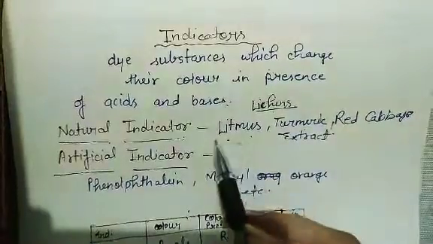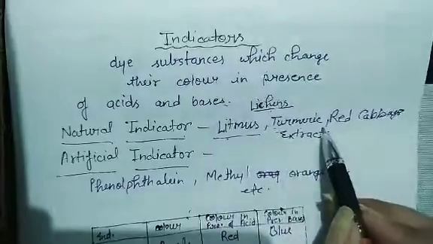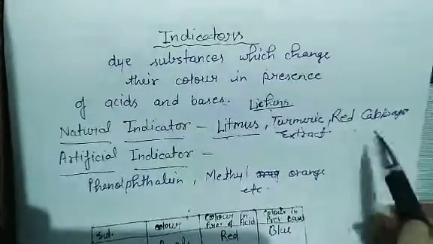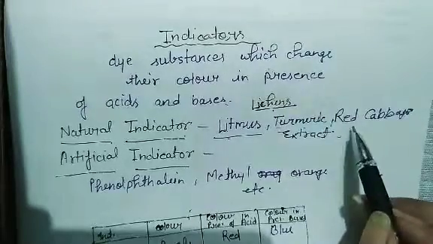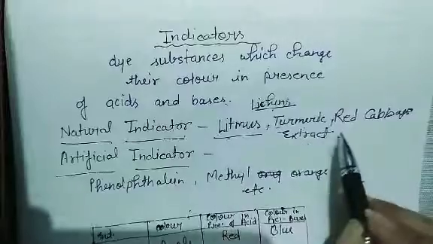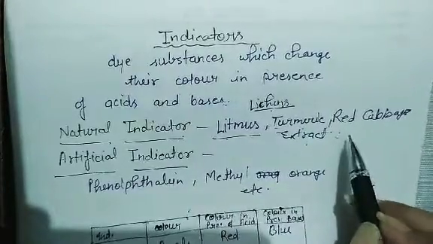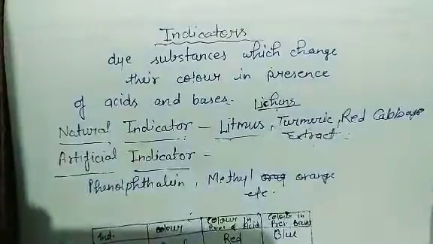So litmus is extracted from lichens. Turmeric, you all are familiar with. Red cabbage extract: it is a variety of cabbage which is red in color and its extract is purple in color. So these are natural indicators which change their color in the presence of acids or bases.